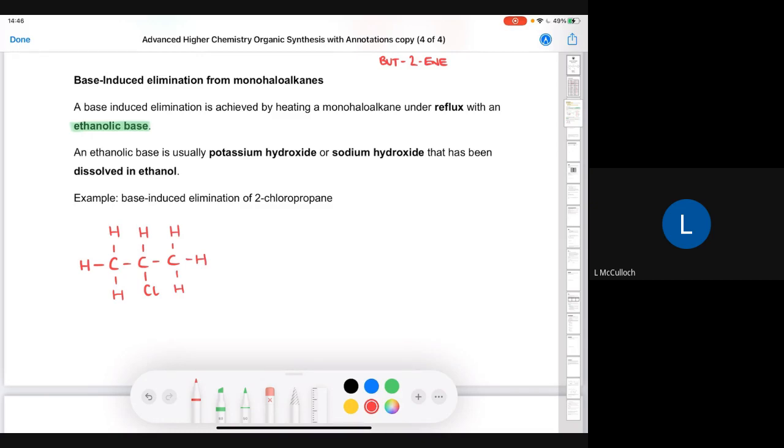It's an alkane that's got a halogen on it, one halogen. So halo meaning halogen and mono meaning one. Right, so to do this reaction, we are going to use this. For this one, we'll use potassium hydroxide. So I'm going to write in KOH, and then I'm going to use a little bracket and like a subscript with ethanol.